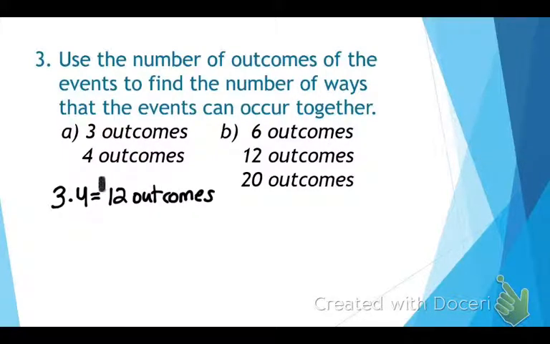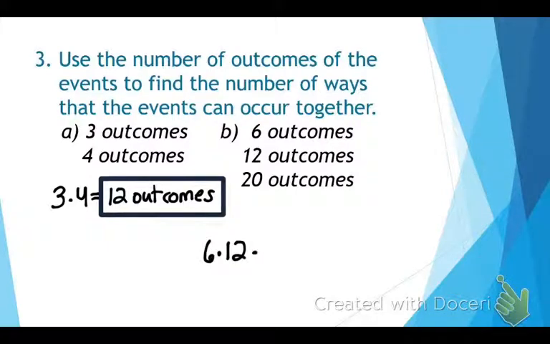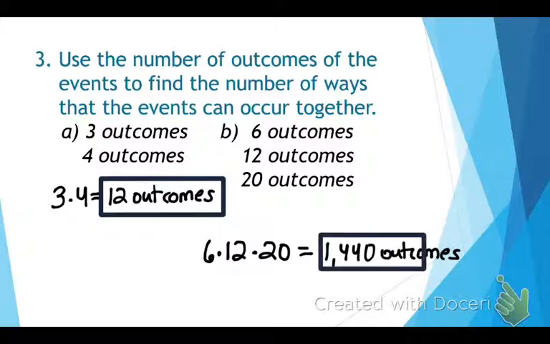All right, how many of you would say you got that correct? Excellent. Who knows what problem B would be? Alexa, what did you do? I multiplied 6 times 12 times 20, and I got 1,440 outcomes. Outcomes. Thank you for telling me. Units attached. Was there anyone who got both of those answers correct? All right. Excellent. Any questions about how to do that one?